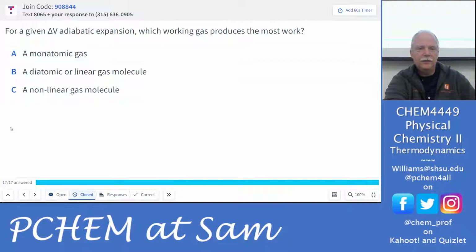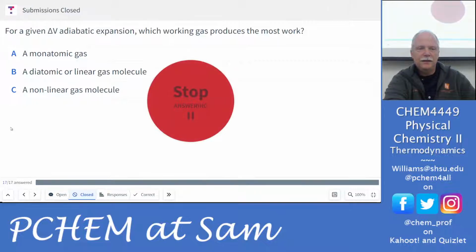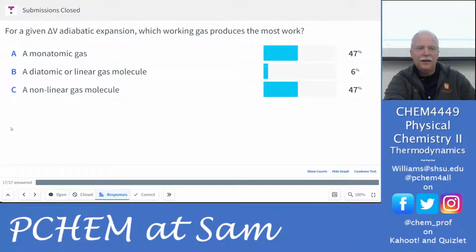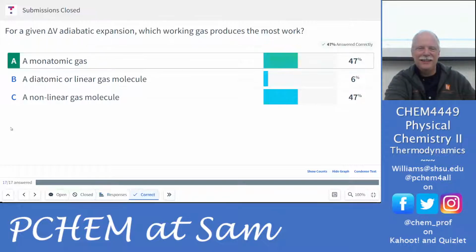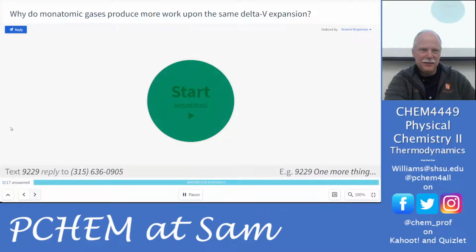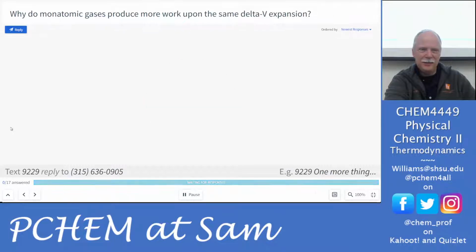Okay, let's see what we got. Okay, we got a split. I guess it's going to either be one with the largest gamma or the one with the smallest gamma. Okay, so it's a monatomic gas. Okay, so the next question, why do monatomic gases produce more work upon the same delta V expansion?